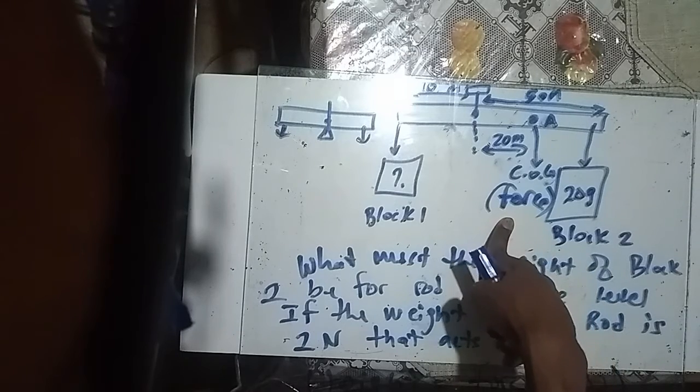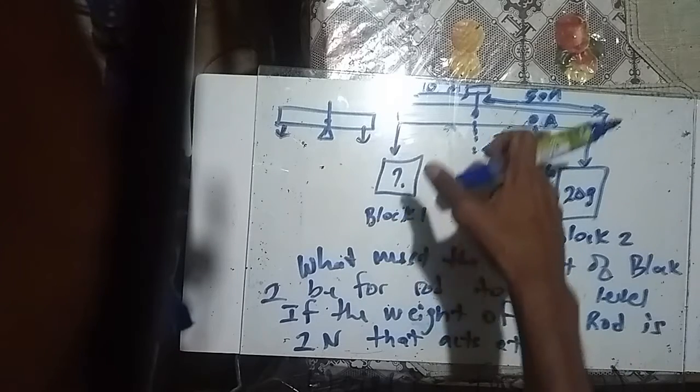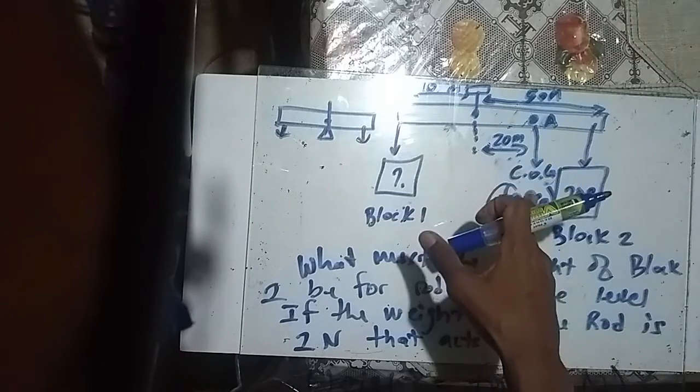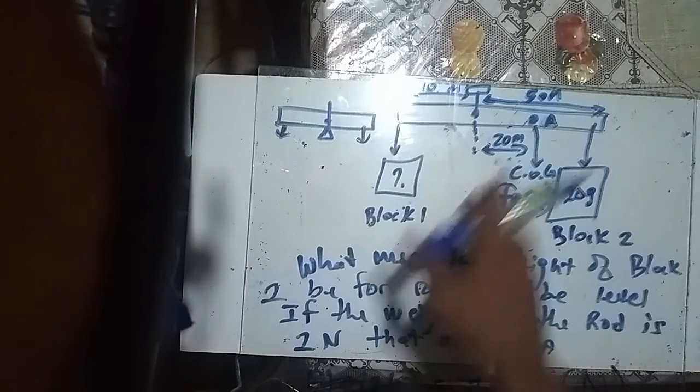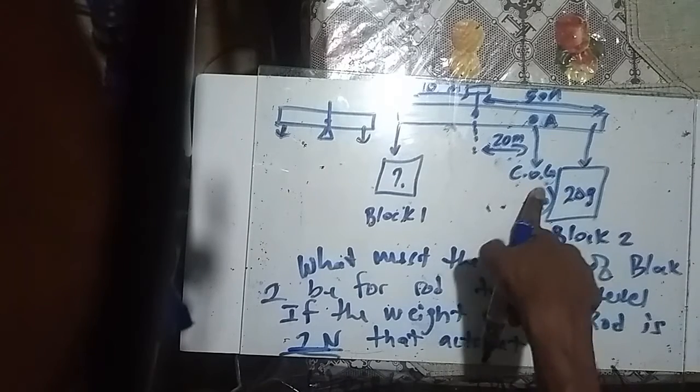Now, let us see if we can do this question. I want you to take into consideration that the center of gravity, where A is, is where the total weight of the object is. And we know that the total weight of the object is 1 Newton. Therefore, I can put 1 Newton here.